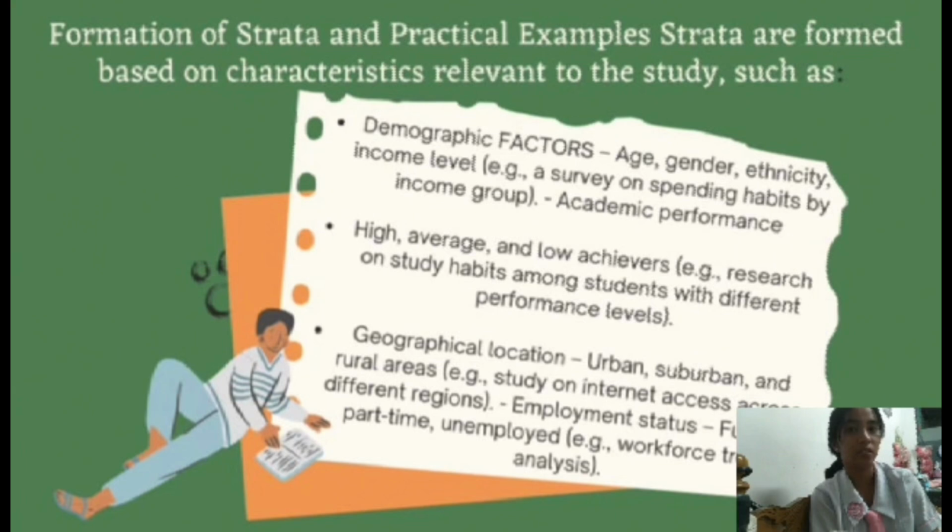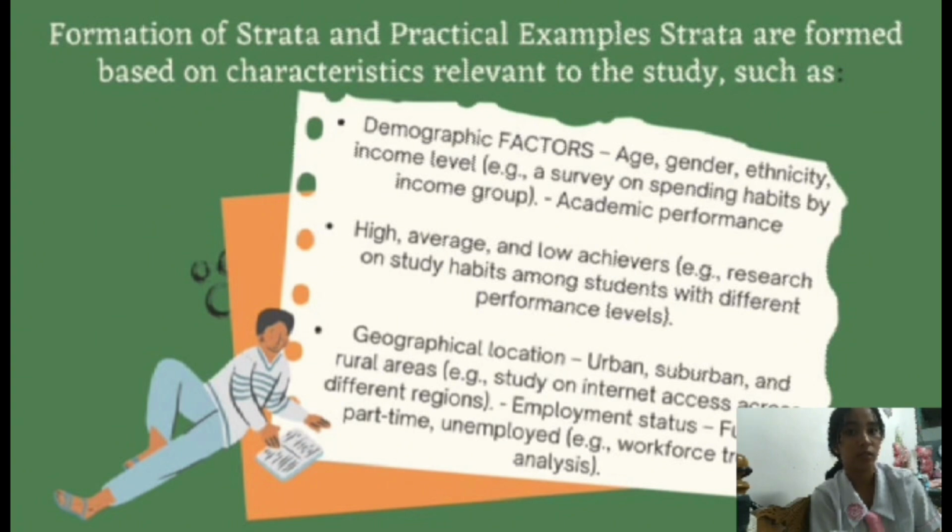Strata are formed based on characteristics relevant to the study, such as demographic factors: age, gender, ethnicity, income level. Example, a survey on spending habits by income groups. Academic performance: high, average, and low achievers. Example, research on study habits among students with different performance levels.